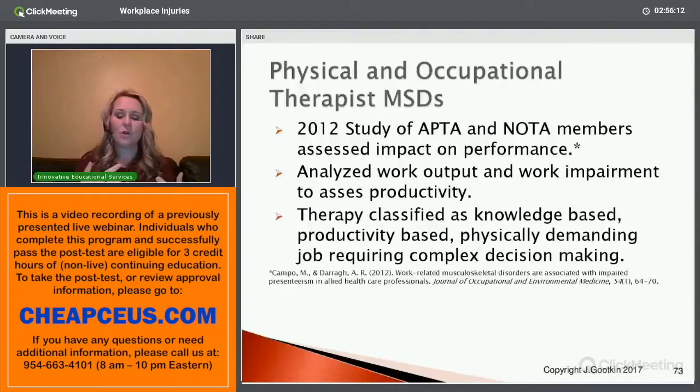What they looked at were the various body regions, the rate and frequency of pathology that developed, and also considered the frequency and intensity. And they looked at how much pain in these different areas was impacting the work output for the different individuals, and how it impacted our clinical decision making and judgment.